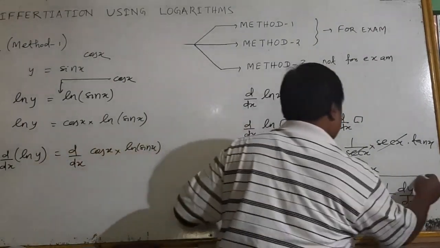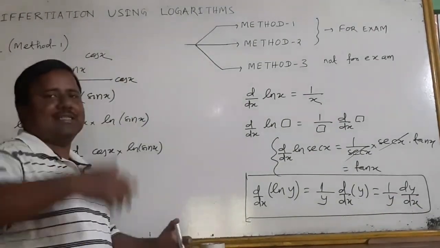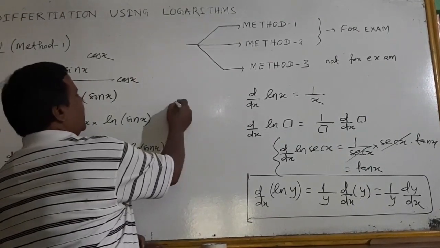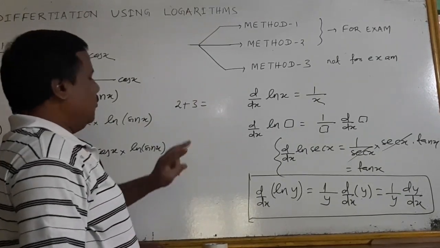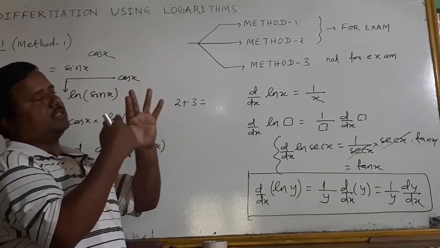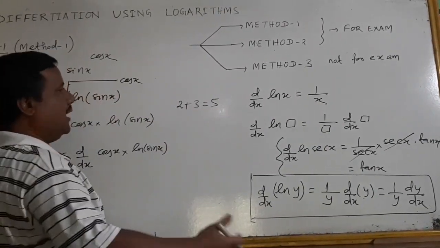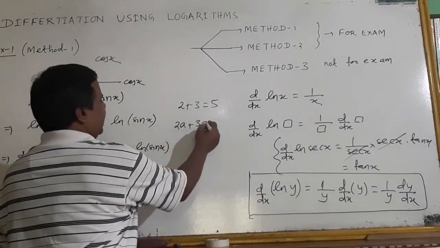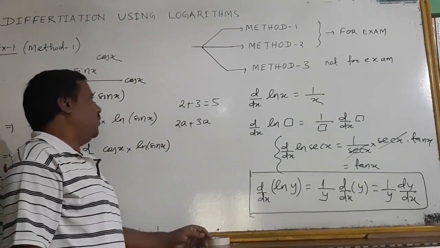Very, very important. Now I am giving you an example from my early school days. In class 1 or 2, when sir told me to add 2 and 3, suppose there are 2 fingers here and 3 fingers here. If you add, the total is 5. In class 6, my teacher told me 2a plus 3a. Then I thought, what is this a that is coming? We should read only digits.